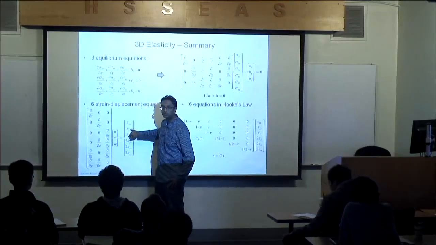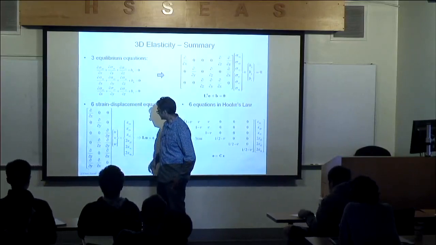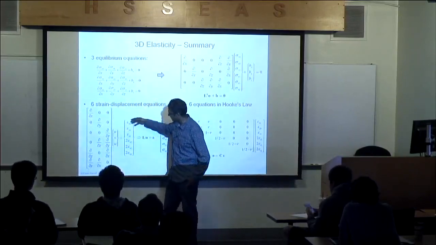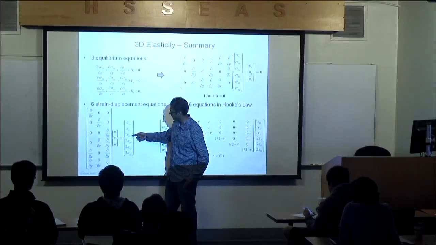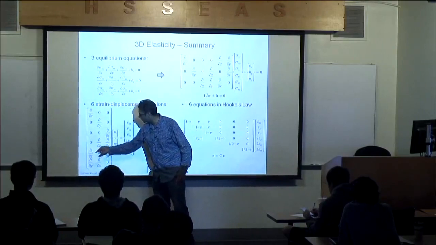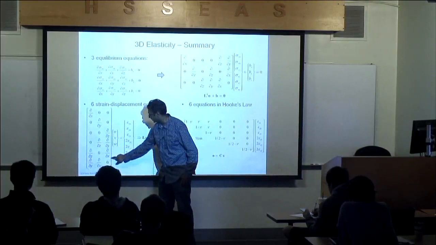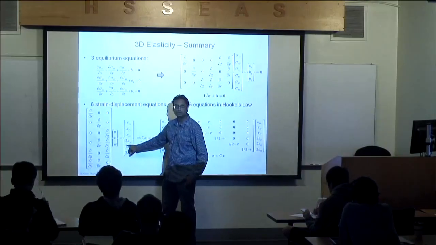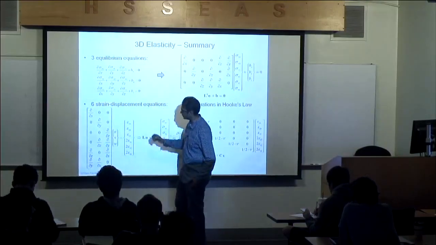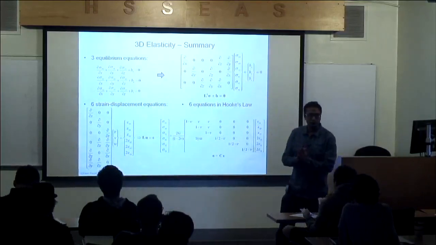I get epsilon yy, which is correct. That's what we found. I can also do the one for z, and I get the correct answer here for strain. I can also do shears, and you will see the derivative of u with respect to z plus the derivative of w with respect to x gives you epsilon xz. You will be able to see that this multiplies correctly. You should try it at home so that you can understand that this does work out.